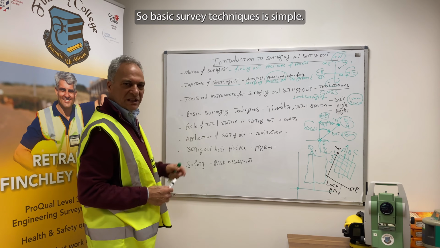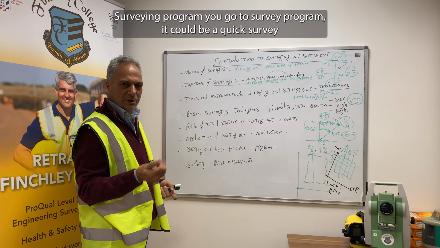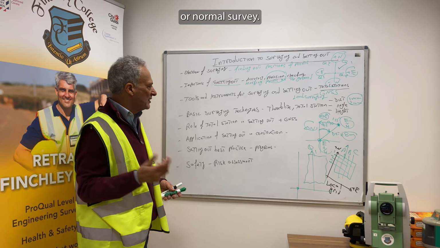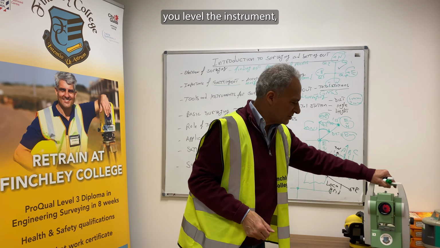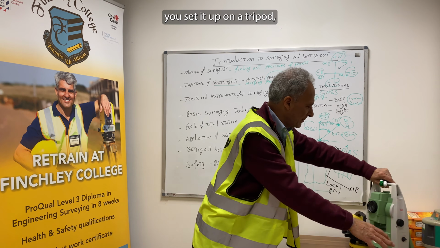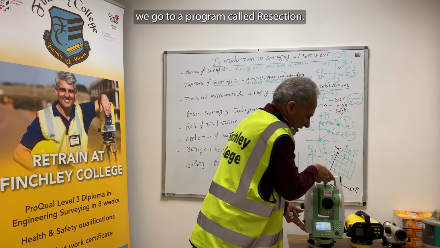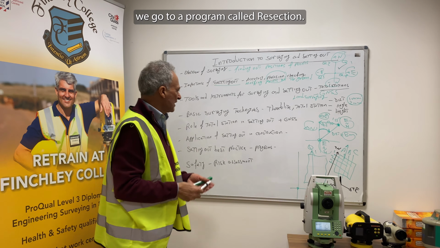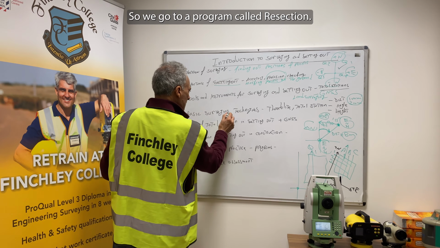So basic surveying techniques is simple surveying program. You go to surveying program, it could be quick survey or normal survey. You turn the instrument on, you level the instrument, you set it up on a tripod. We go to a program called resection.